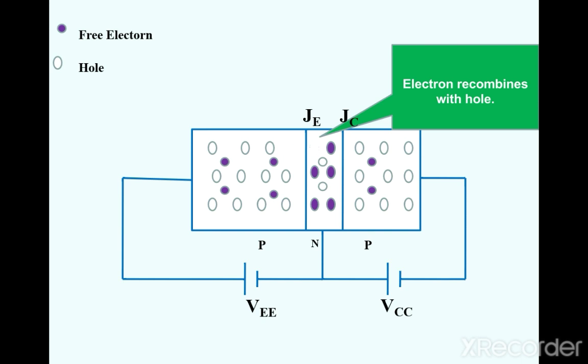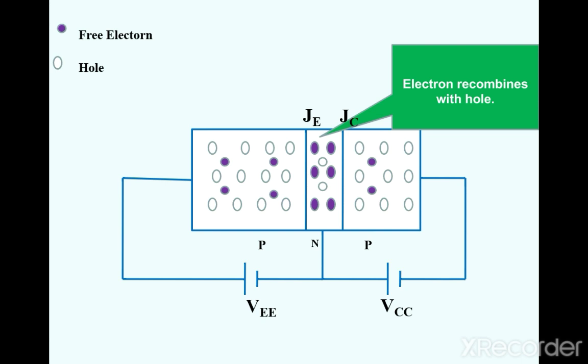Between the two junctions, the electron recombines with a hole like this. The electron recombines with a hole from the emitter to the base side. We connect the emitter and base terminals in forward bias. That means P is connected to the positive terminal of the battery and N is connected to the negative terminal.